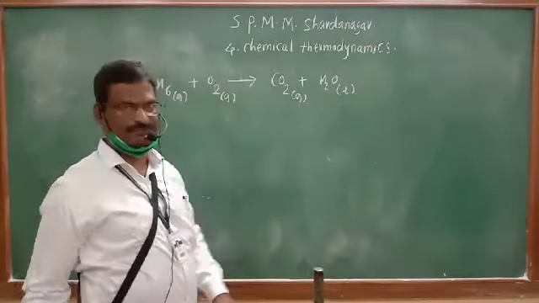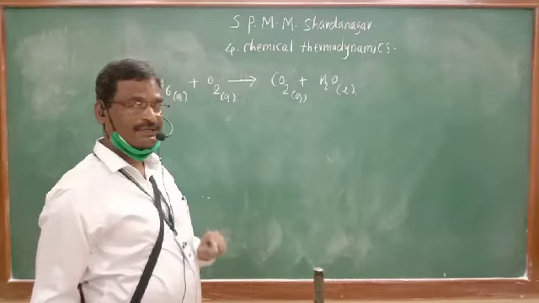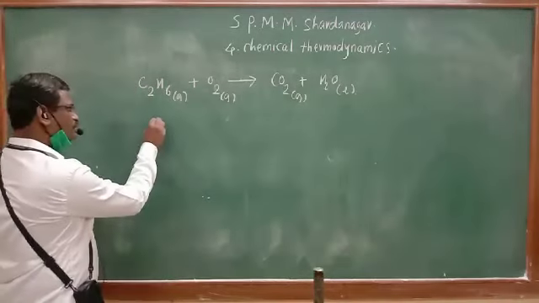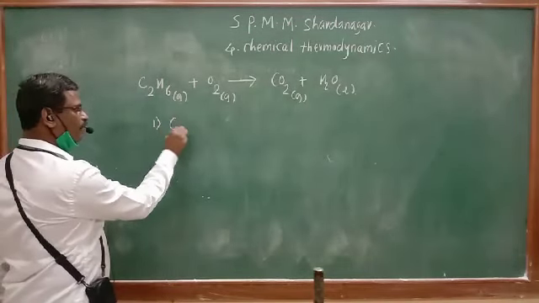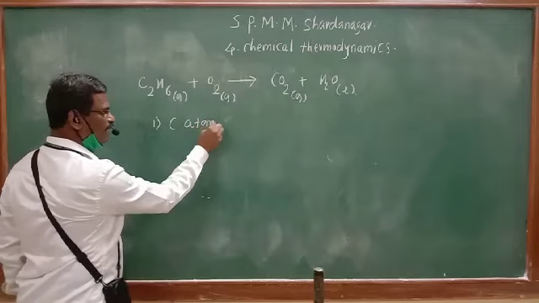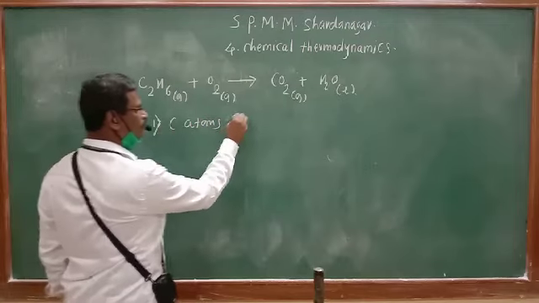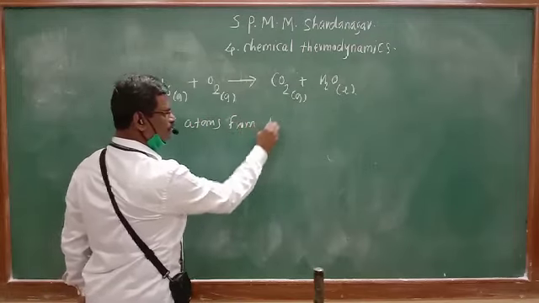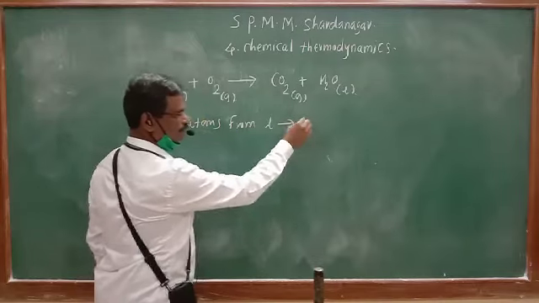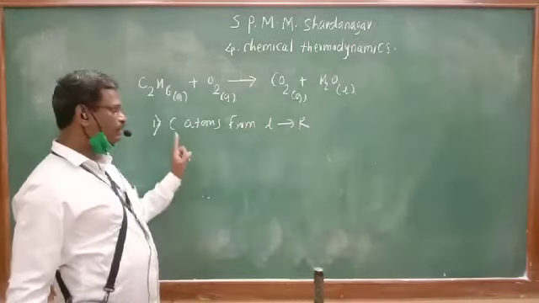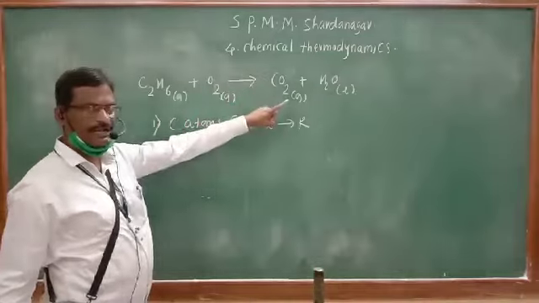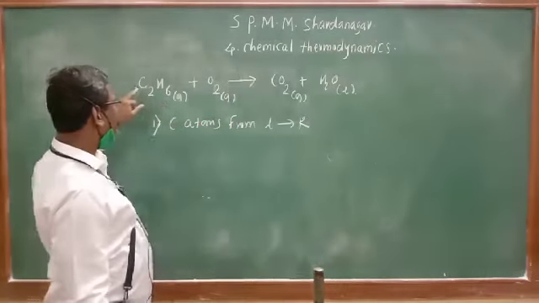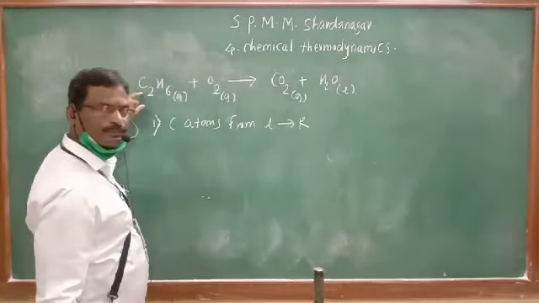Now balance it. How to balance it? See the rules. First rule: first of all, balance the carbon atoms from left to right. What is the carbon atom number here? 2.